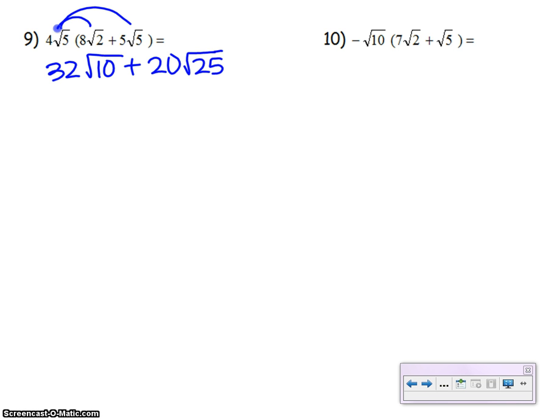Now this is supposed to be easier and ends up sometimes being more difficult. The square root of 25 is a perfect square. So the square root of 25 is just going to become 5, so we're going to do 20 times 5, which will give us 100. So we see on this problem, on that part of that term, we do not have a square root. And that right there is going to be our answer.